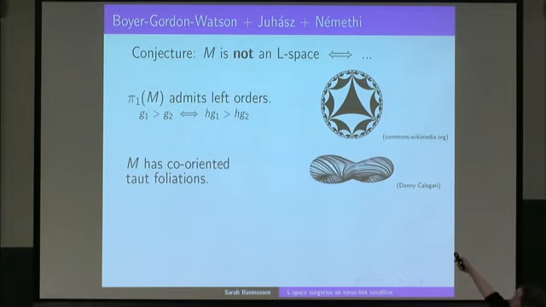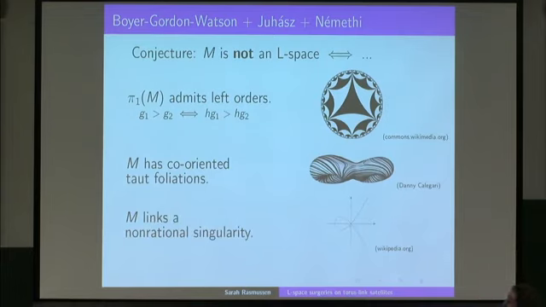I should point out this is not a co-oriented taut foliation, but it's very pretty, so I thought. And Némethi conjectured, and in fact recently proved, that if M links a normal complex surface singularity, then it links a non-rational singularity if and only if M is not an L space.